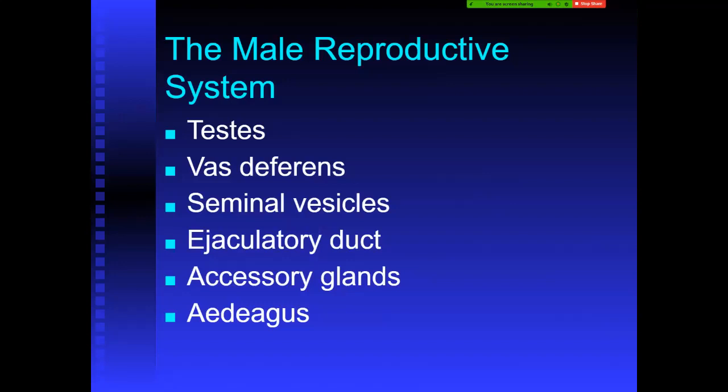As I mentioned before, the male reproductive system consists of the testes. They're also going to have a vas deferens and a seminal vesicle, an ejaculatory duct, accessory glands, and the aedeagus, where it hooks up with the female.